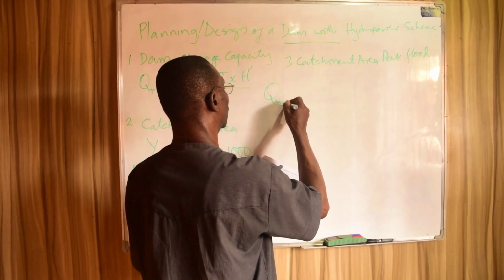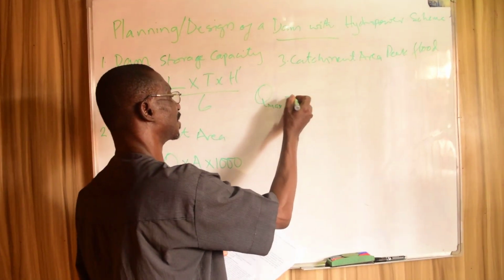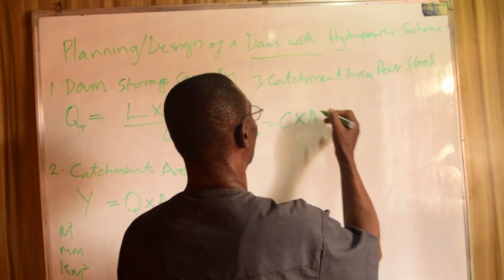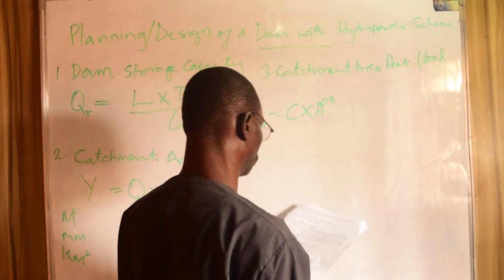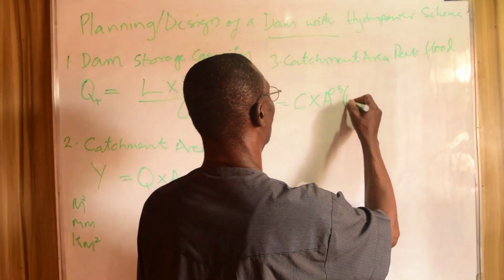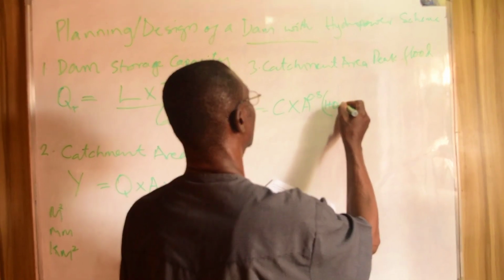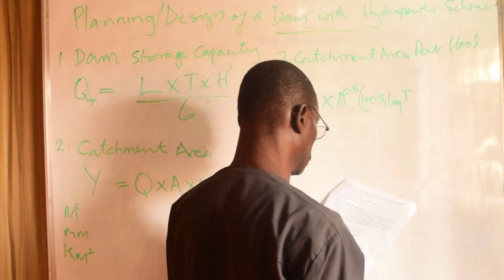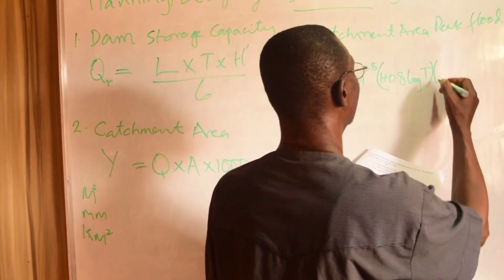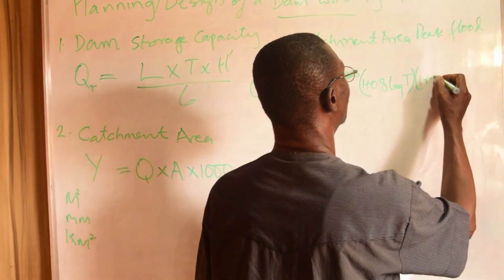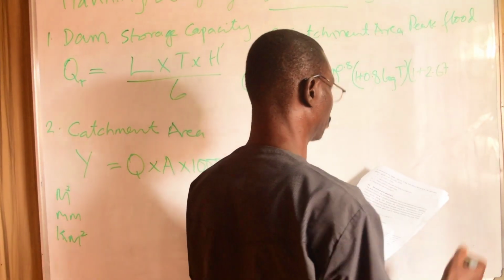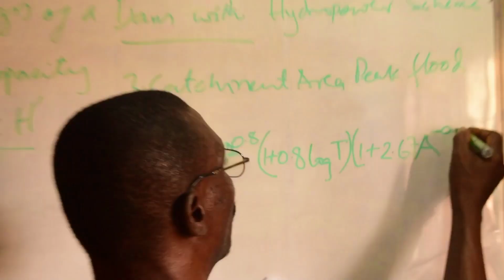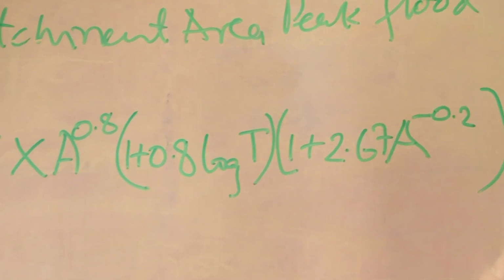That's maximum flow, Q max. You calculate it as C multiplied by A to the power 0.8, multiplied by 1 plus 0.8 log T, and you multiply it by 1 plus 2.67 multiplied by A to the power minus 0.2.